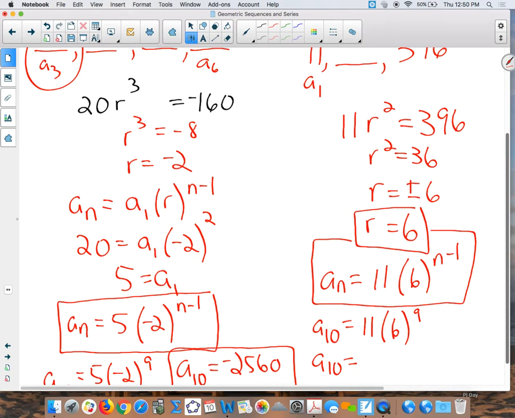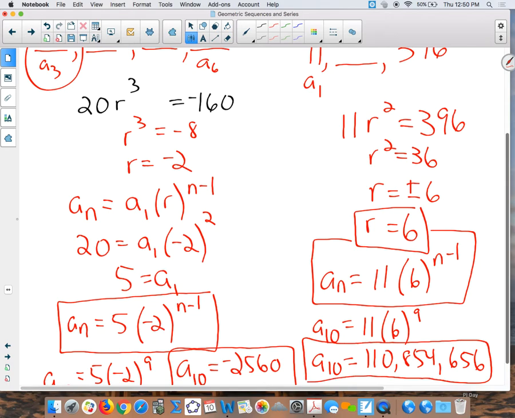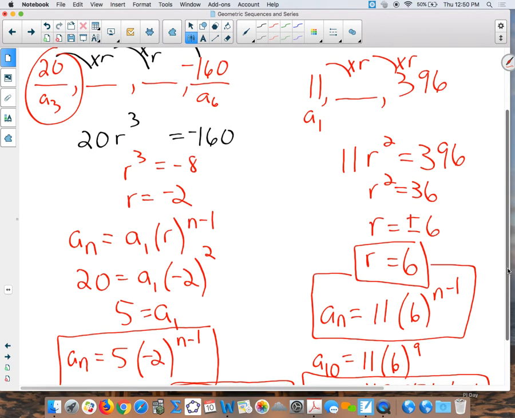That will give us, let's take a look here, 110,854,656. And that's our final answer there. Okay, so again, knowing that our odd values in our sequence here are positive, our r had to be positive. Because when you raise a number to an odd power, it's going to keep whatever sign it is. So if our r was negative, our sequence wouldn't match with what was given.